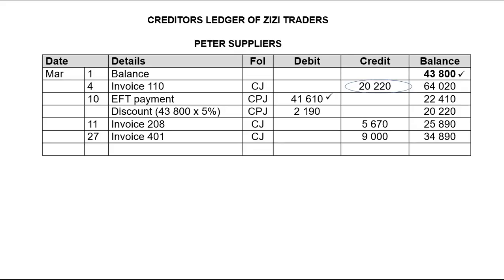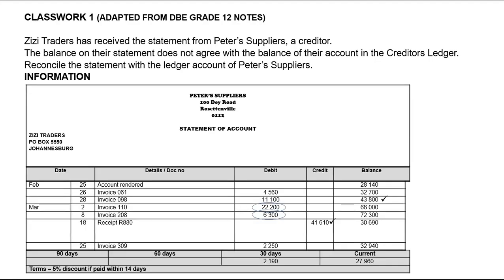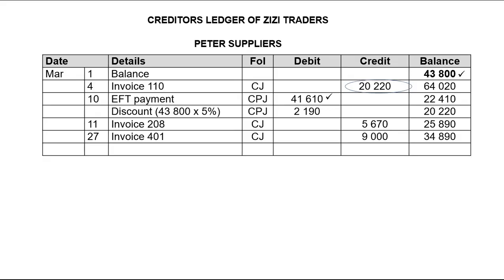We've got invoice 208, which is for 5,670. This side, it said invoice 309, which is 2,250. So I'm going to circle that because we don't have it. This side, I'm going to circle that discount.